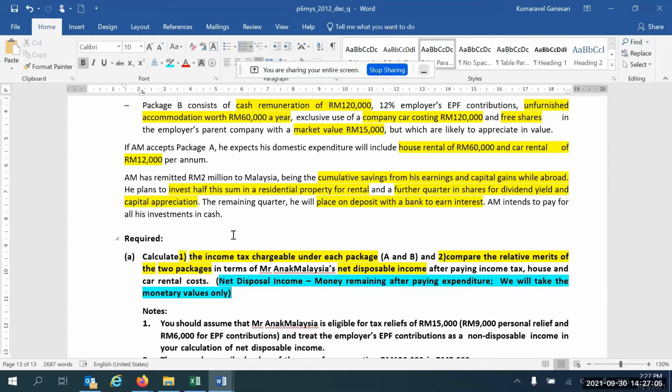So you have to learn how to write it. So we're going to calculate the income tax chargeable. Like I said, for personal tax, you don't need to know anything fancy. In fact, the past year should be enough. Yes, of course, the whole list of reliefs is there in your textbook, but just the main ones.